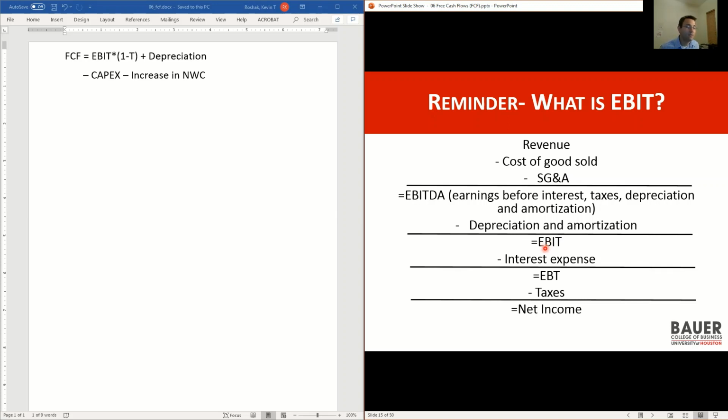We stopped right before interest. Now, why did we do that? We mentioned this at the very beginning of the lecture. This is a very important point, though. EBIT is trying to get at the operating profit. We're ignoring financing for now.